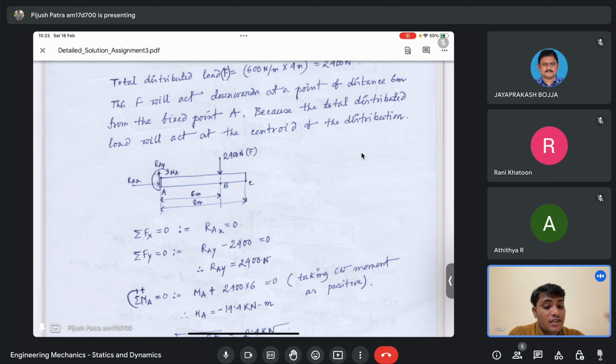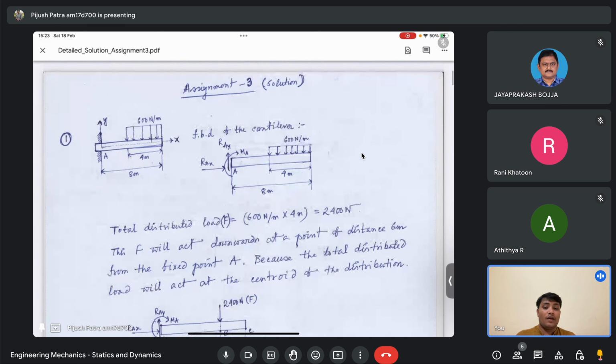If you apply these three conditions, you are able to get the three unknowns. Okay, so that's why it is called a statically determinate problem. So these kind of things are also valid for the problem in the trusses, which I solved last week. This kind of problems. So as far as the first problem is concerned, you can ask me anything if you have any doubt.